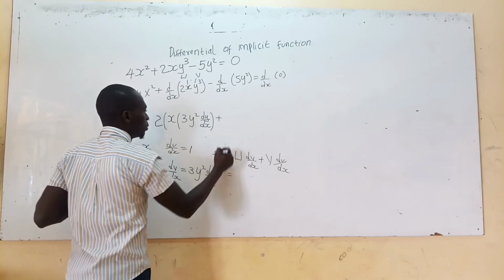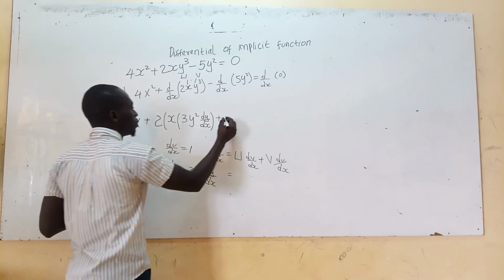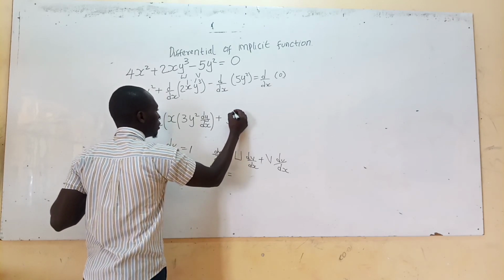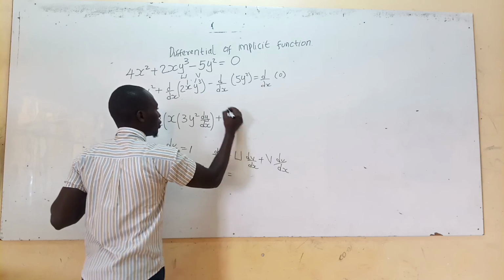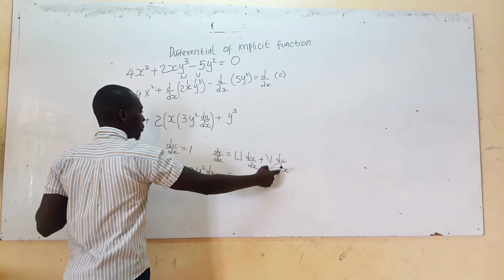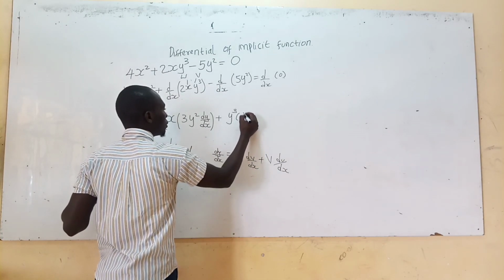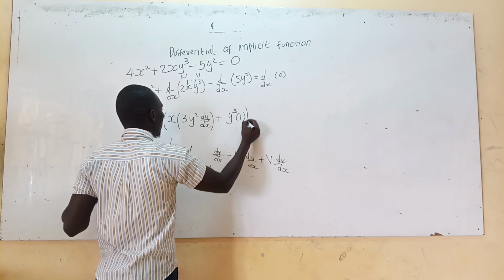We add to v. Our term of v is equal to y cubed, then multiplied by du with respect to dx. Du with respect to dx is equal to 1.